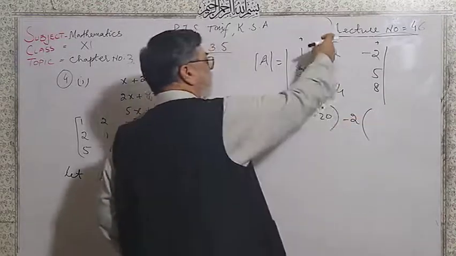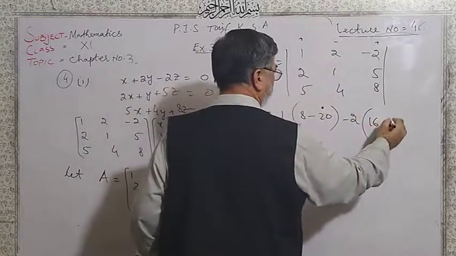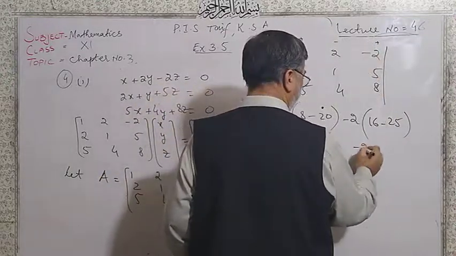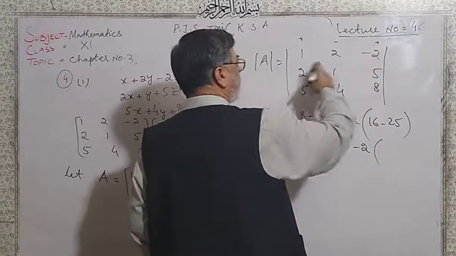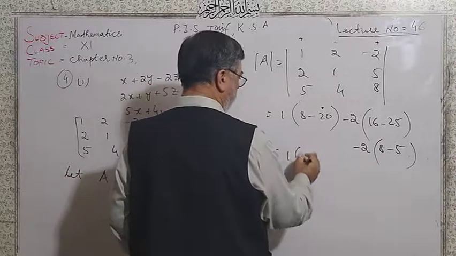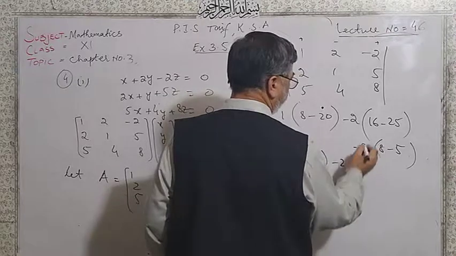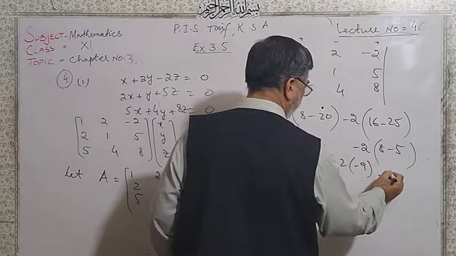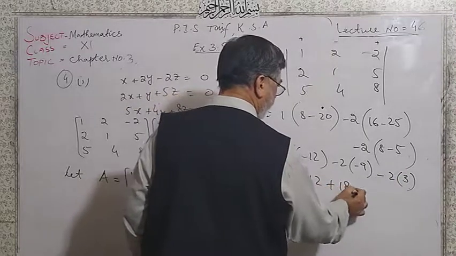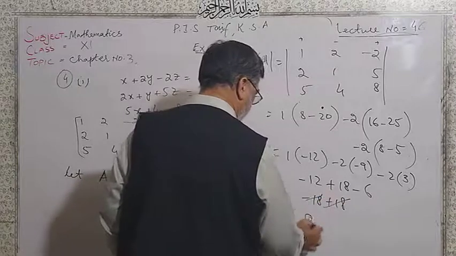Minus 2 into, remove this row and column, AD minus BC, 16 minus 25, that is minus 9. Then minus 2 into 8 minus 5, that is 3. So minus 12 plus 18 minus 6, that is minus 18 plus 18, which is equal to 0.